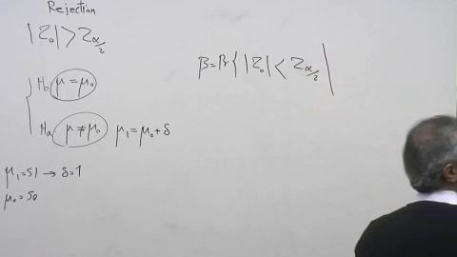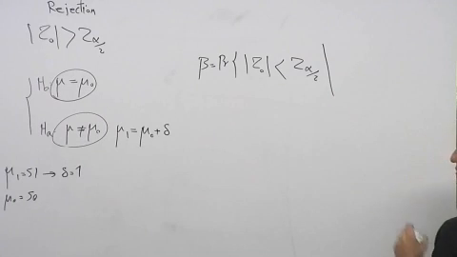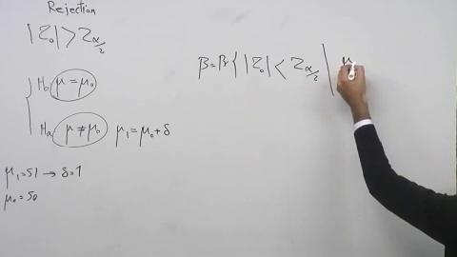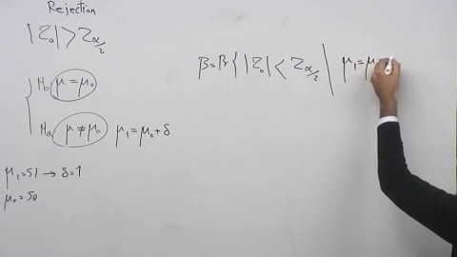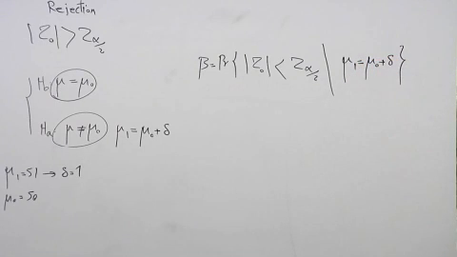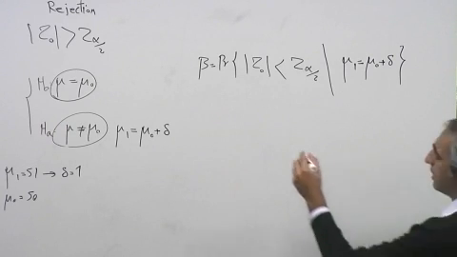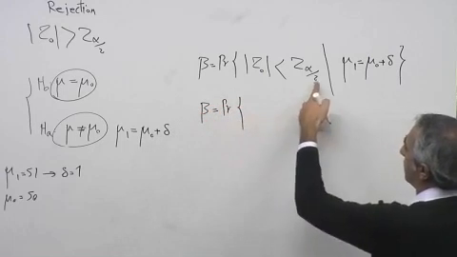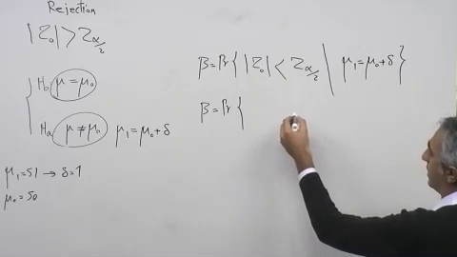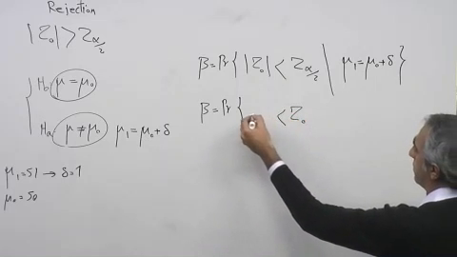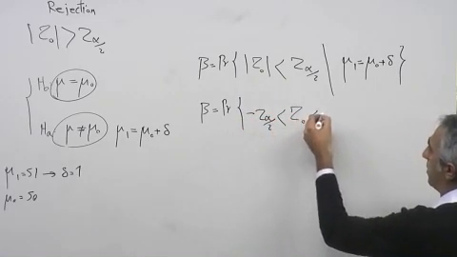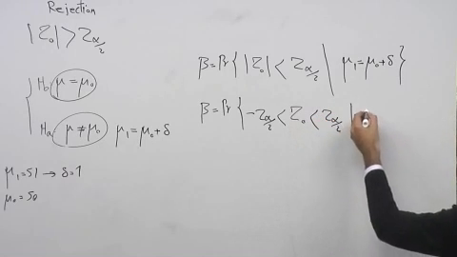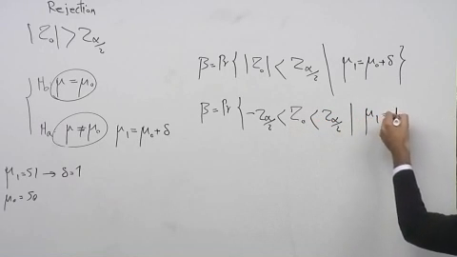Given H null is not true, which means your mu is mu0 plus delta. Any questions so far? Now let's see how we can solve this. Beta is the probability of, using the definition of absolute value, Z0 between the negative and positive number here, given mu1 is mu0 plus delta.